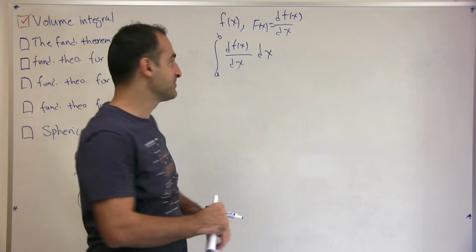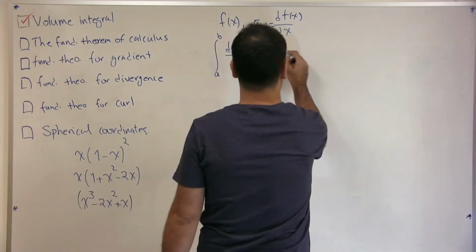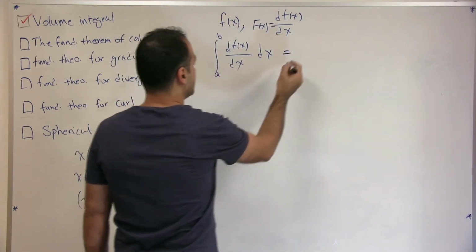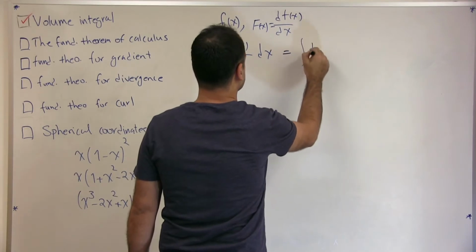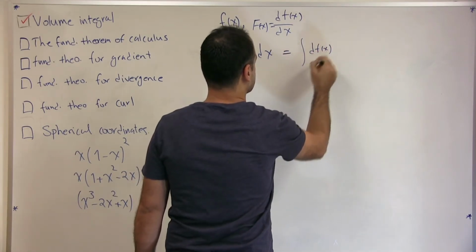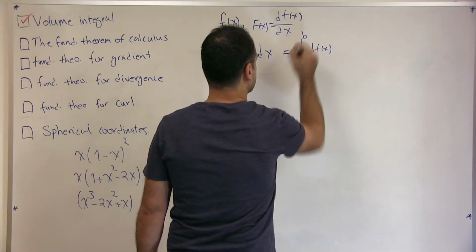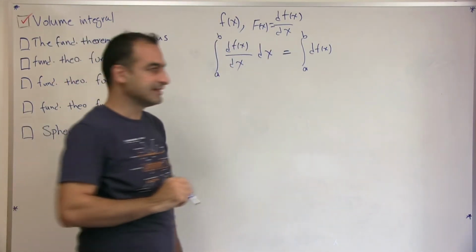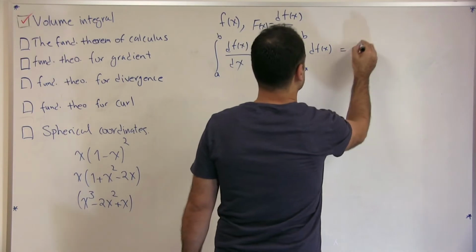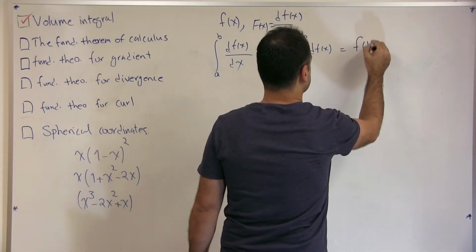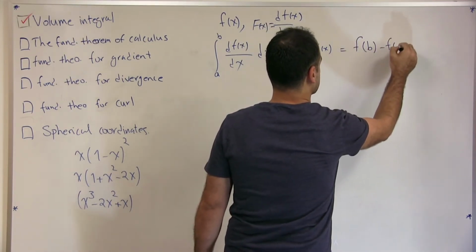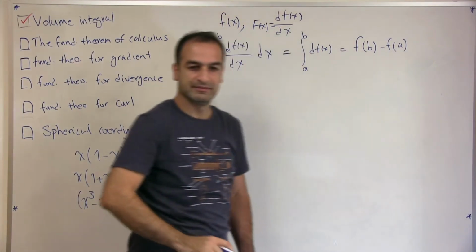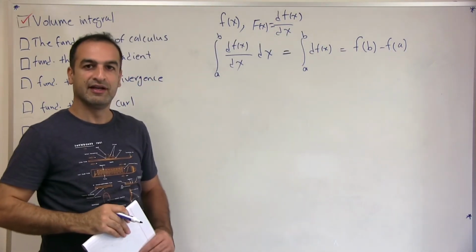Let's do one more step to make it obvious. If you integrate something like this, you're technically integrating df(x) from a to b, right? And that is the small f(b) minus the small f(a).